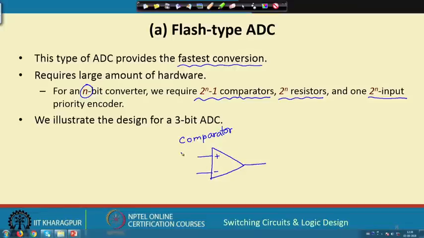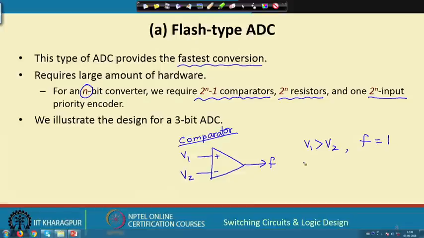The inputs are two voltages V1 and V2 and the output is a digital output F. If V1 is greater than V2, that means the plus input is greater than the minus input, then the output will be 1.